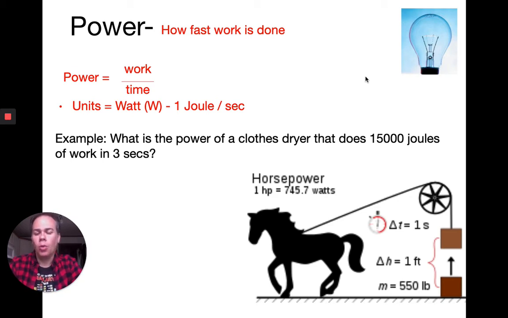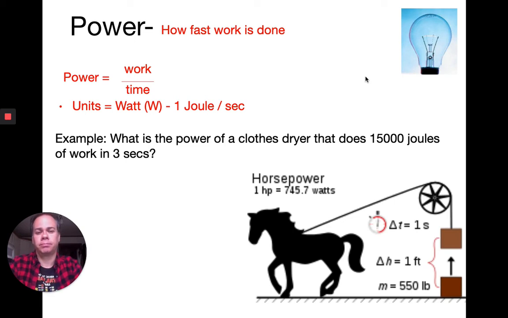So 1 horsepower is equivalent to about 745 watts of power. It's the amount of power that a horse could provide. And as people started to use machinery, they used that as a reference they could relate to.